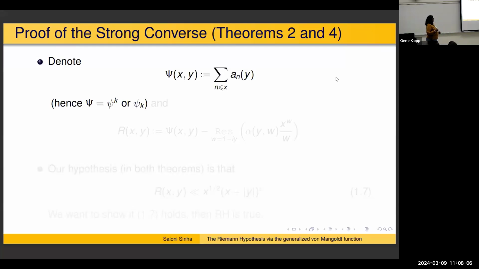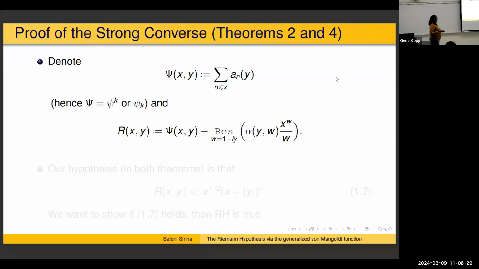Here we let this capital Psi x y be the partial sum, similar to what we were seeing before, n less than or equal to x of a sub n y, where again a sub n y could be either the term associated with lambda power k or lambda sub k.